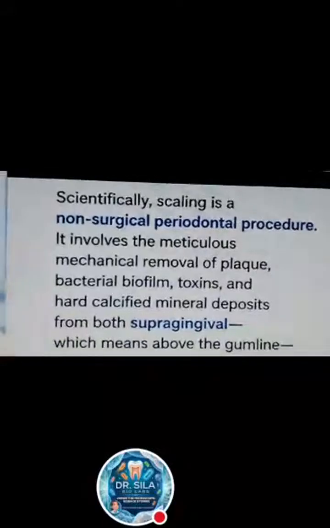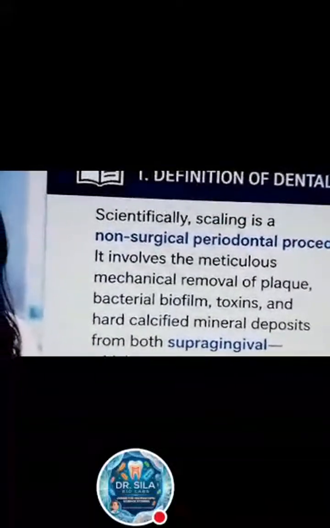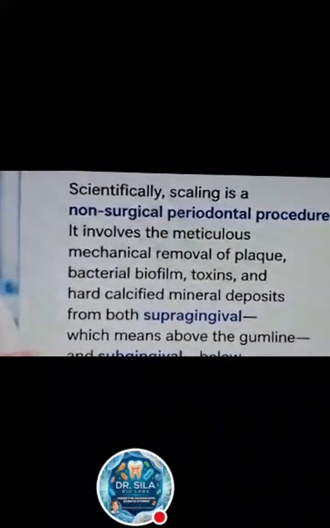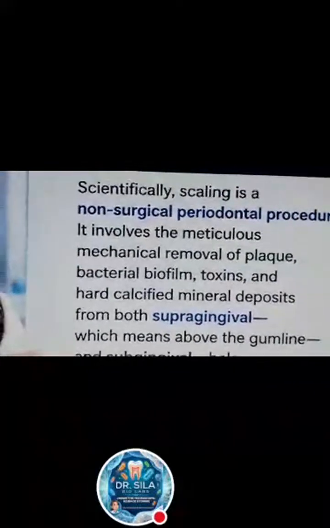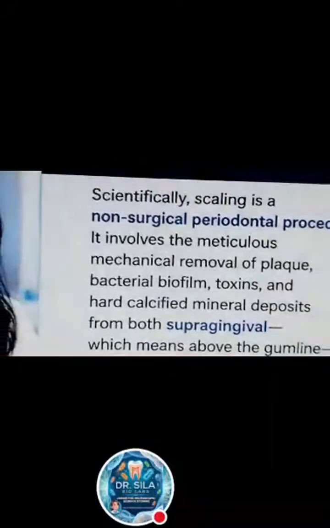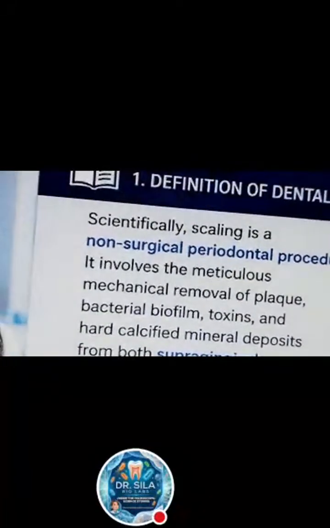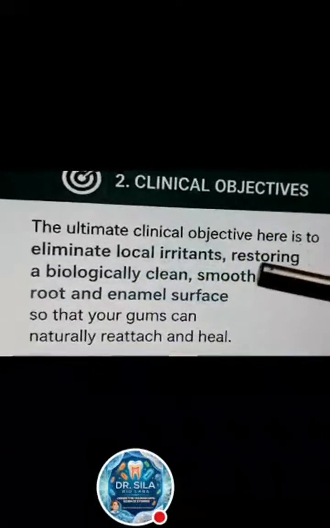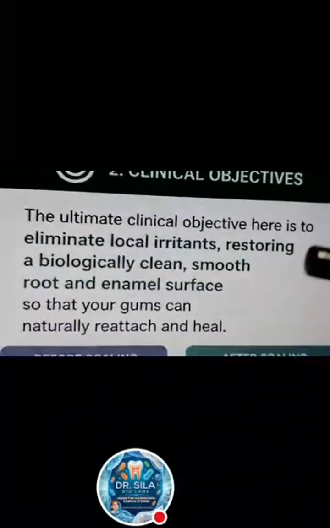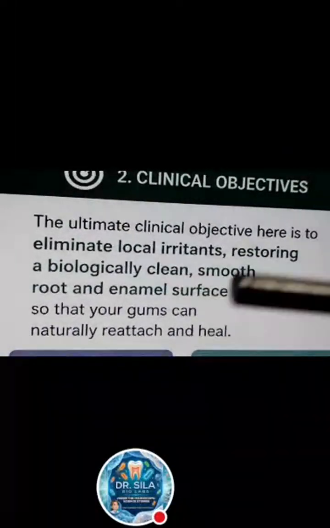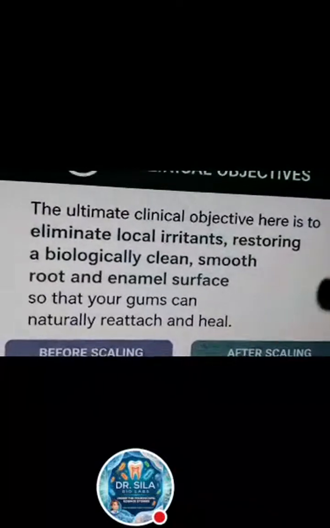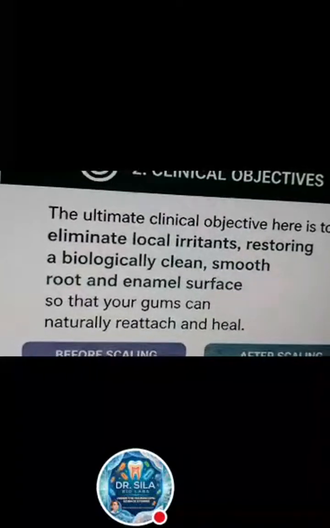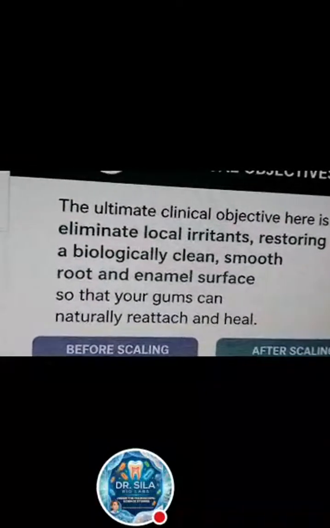Dental scaling is a precise non-surgical therapy that removes plaque and calculus from above and below the gum line to restore oral health and promote natural healing. Now, what is the clinical objective? The ultimate clinical objective is to eliminate the local irritants, restoring a biologically clean, smooth root and enamel surface so that your gums can naturally reattach and heal.